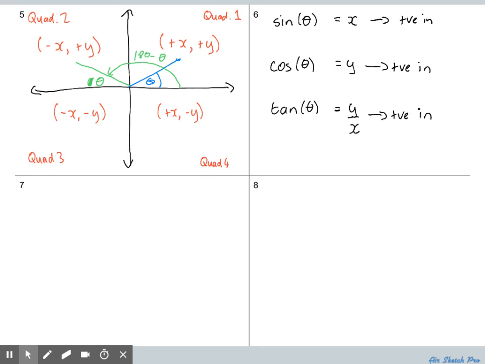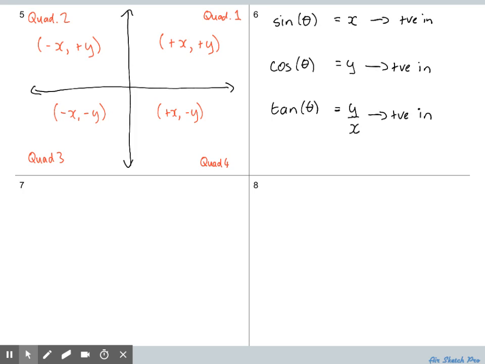So effectively, the ratios will be the same on this side, except that the x-coordinate will be negative. Okay, so the x-coordinate is negative on this side. I'm just going to rearrange this now a little bit. So I'm going to undo all those steps. Yeah, ask away.